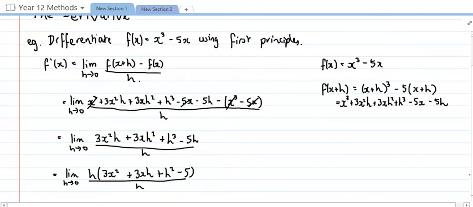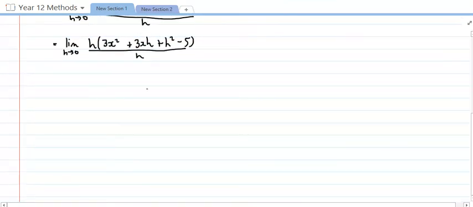And this is quite nice as well because the h's here just cancel each other out. So we have the limit as h approaches 0 of 3x squared plus 3xh plus h squared minus 5, which the h values just disappear because they become 0, and we're left with 3x squared minus 5.